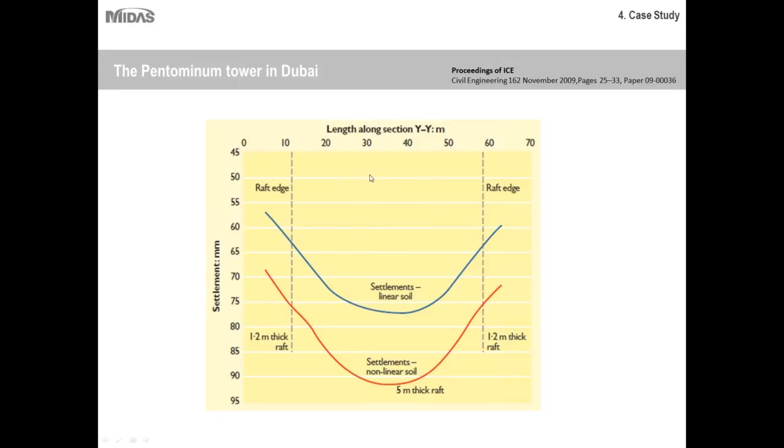So in addition, complex geotechnical finite element analysis was carried out, which was validated using standard geotechnical calculation techniques. So it's important to note that even though they used finite element modeling for this, they didn't abandon conventional methods. Essentially what they did was use finite element modeling for the bulk of the project, but for certain critical points they would check it against conventional methods just to ensure that their results were reasonable.